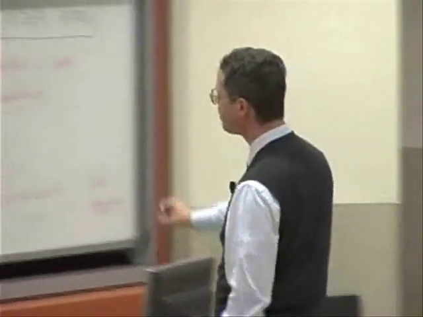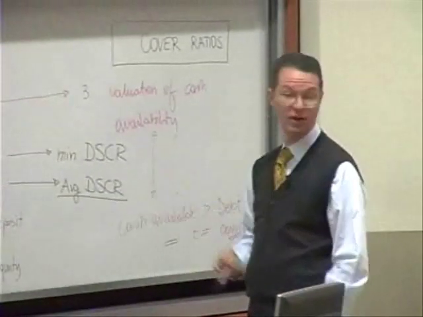It's the average of all the debt service cover ratios for all the life of the loan. For example, if the loan lives for 10 years, and for 10 years you have 10 debt service cover ratios, the average debt service cover ratio is the average of the debt service cover ratio for each year where the loan lives. Okay?